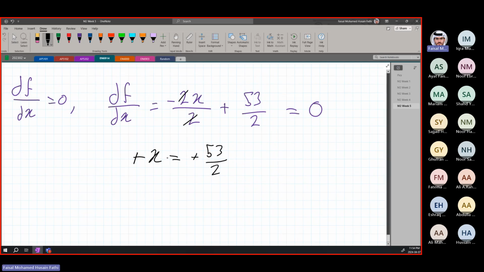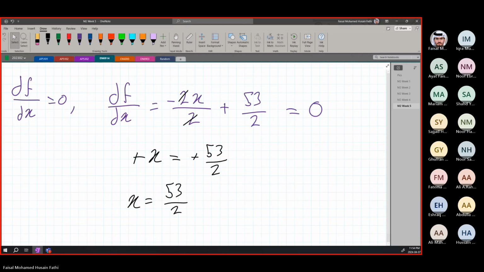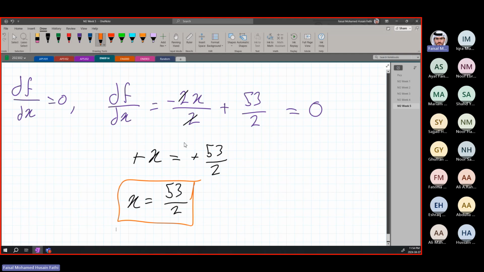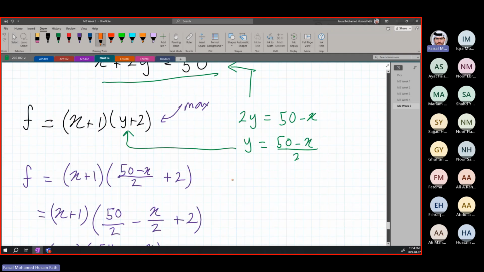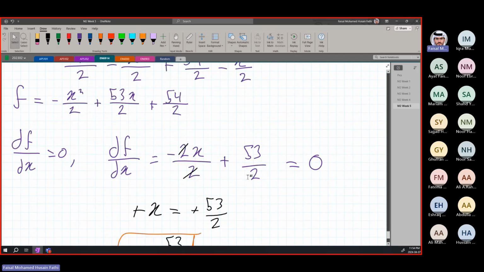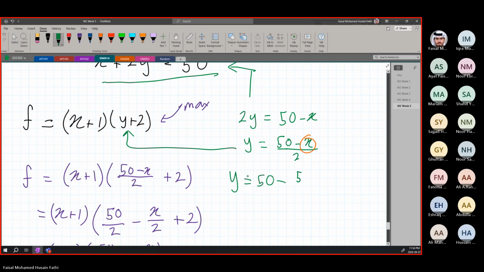We can just cancel the minuses. x is equal to 53 over 2. Okay? We use this x value and substitute it back into y here. So y will be equal to 50 minus 53 over 2, all over 2, and you will solve directly.